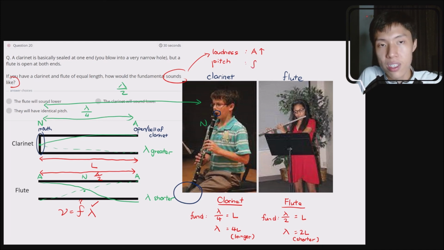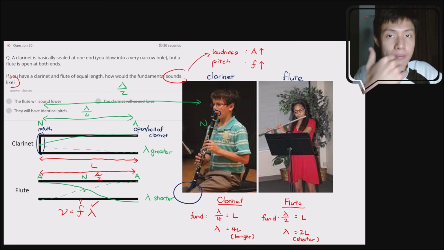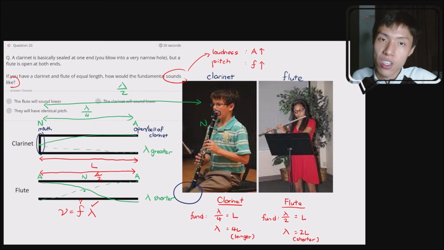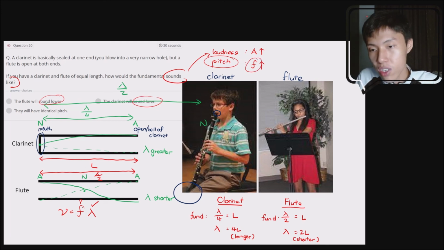Pitch is frequency. If you increase the frequency, the pitch goes higher. Now you see the question here, they say it sounds lower or higher. That one is definitely pitch. So we are interested in frequency, that's why we use this equation.